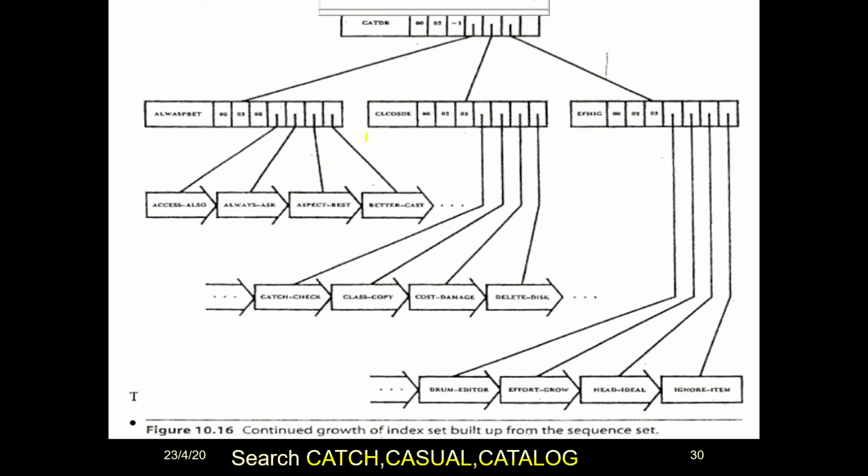Here I have the keys CAT and DR. Less than CAT will be inside my first node. Equal to CAT and greater than CAT will be in my second node, and equal to DR and greater than DR will be inside my third node.